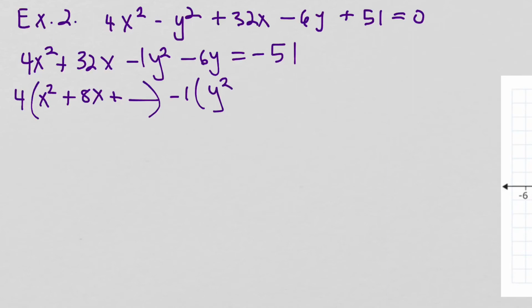And then if I put a positive 6y here, I can see that negative 1 times positive 6y is negative 6y. So I have to get this sign correct here or everything will be off. So pay close attention to this sign right here because you're distributing a negative 1.